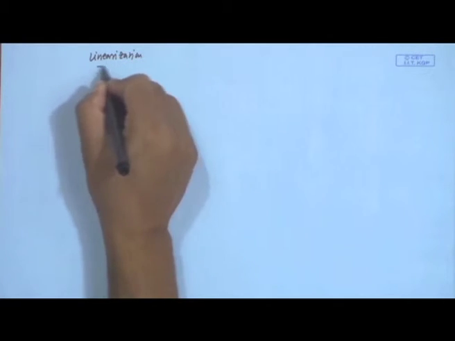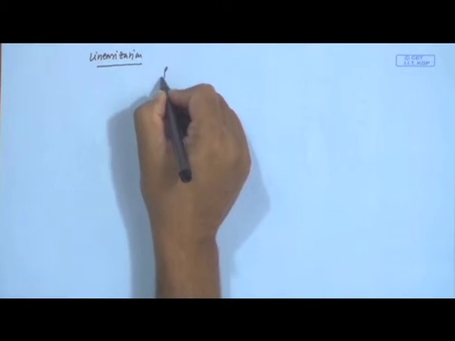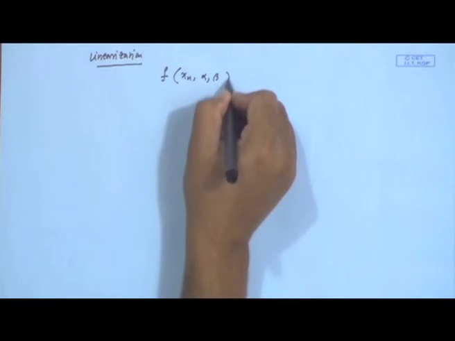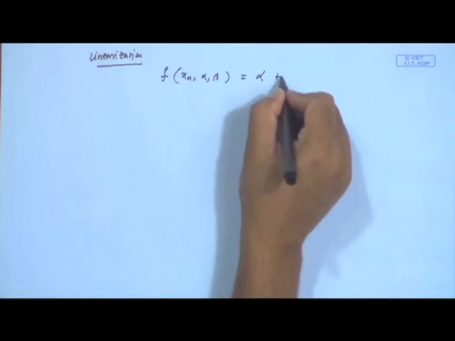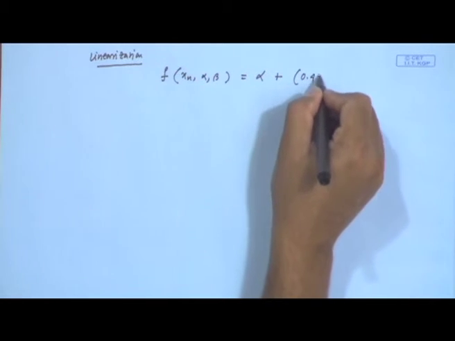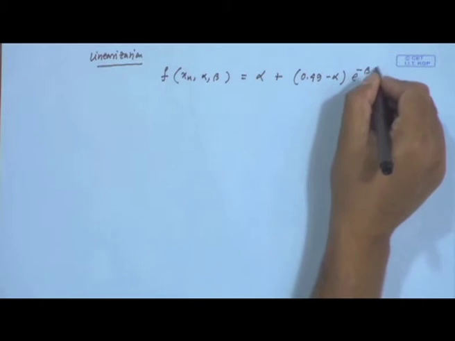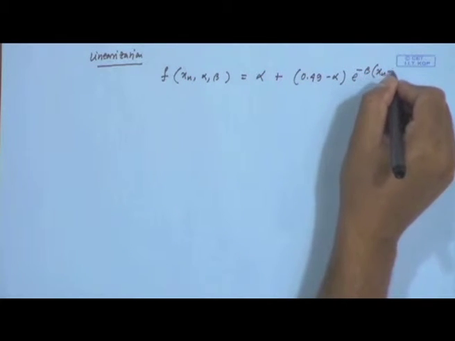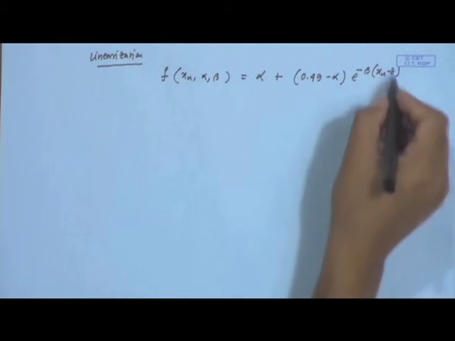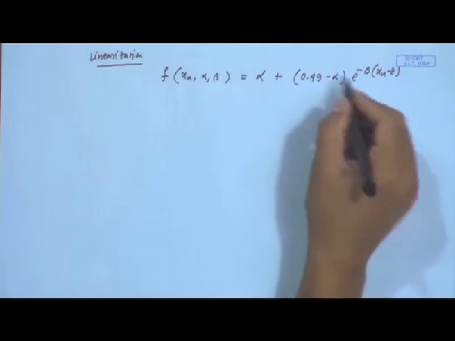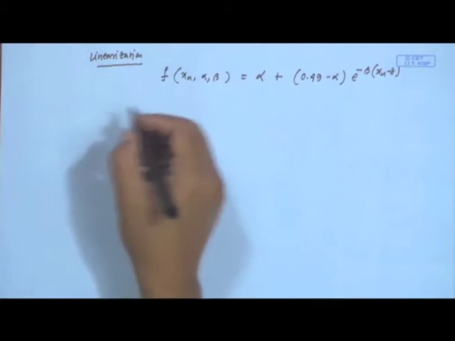So, we linearize this function f(x_u, alpha, beta), which is equal to alpha plus 0.49 minus alpha e to the power of minus beta x_u minus 8, by Taylor series.